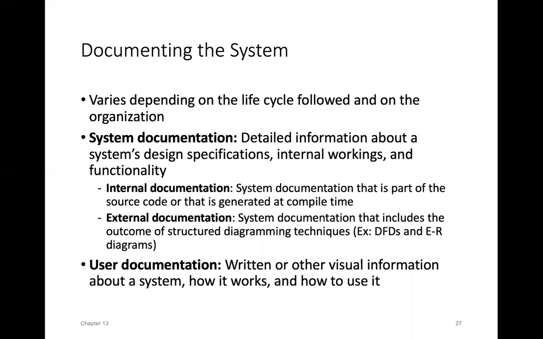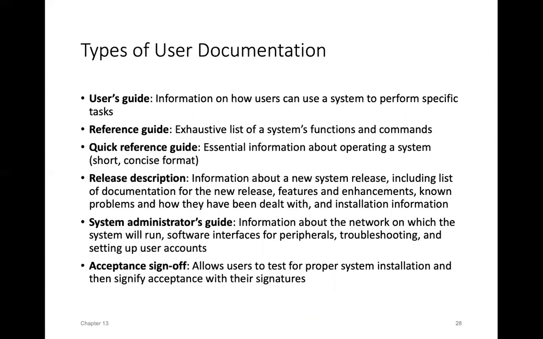From a user documentation perspective, there are six component parts that you'd probably write about. You're going to have a guide on how users can use the system to perform specific tasks, a reference guide, which covers the system's functions and commands, and a QRG, a quick reference guide, with essential information, very short and very concise, about operating a system.